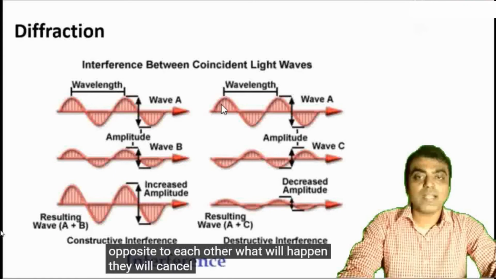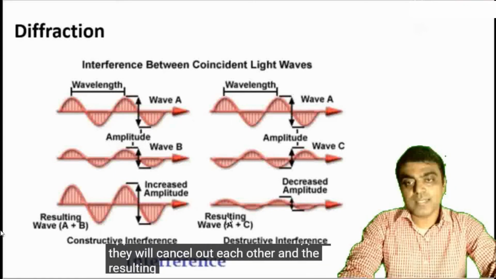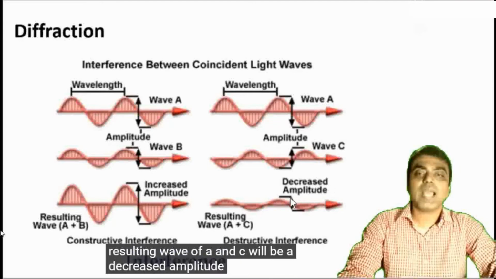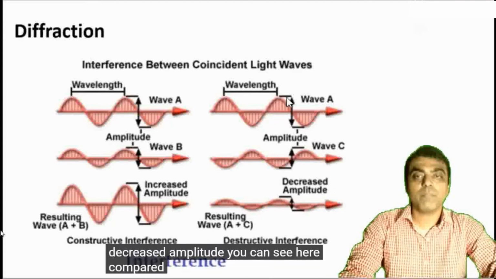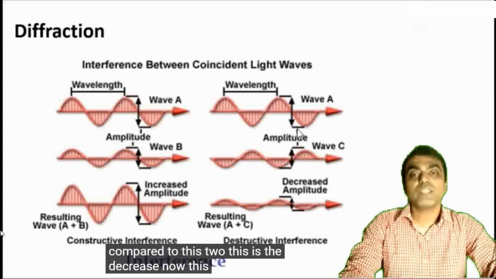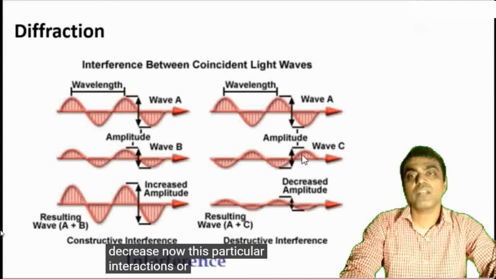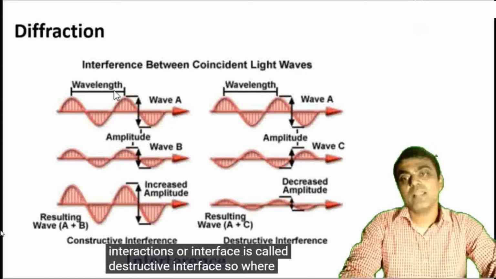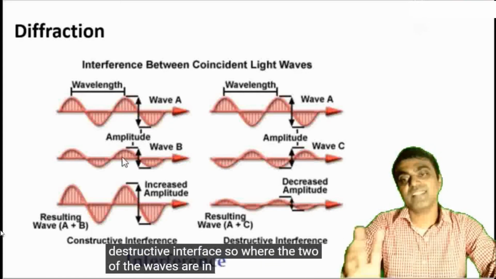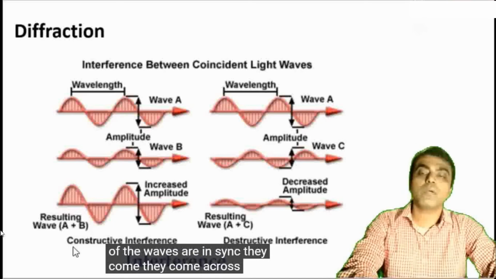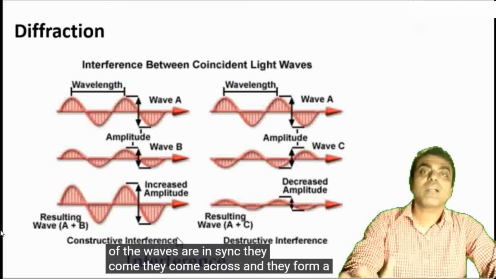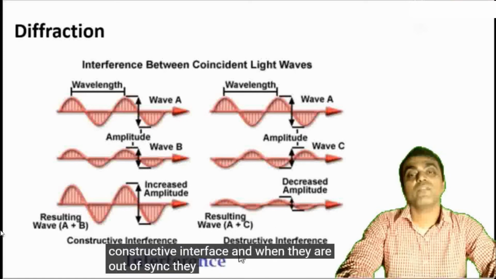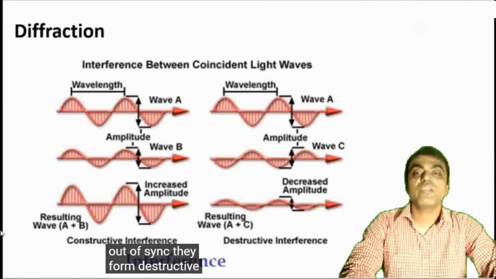They will cancel each other out, and the resulting wave of A and C will have a decreased amplitude. You can see here, compared to these two, this is the decrease. This interaction is called destructive interference. So where two waves are in sync, they come across each other and form constructive interference, and when they are out of sync, they form destructive interference.